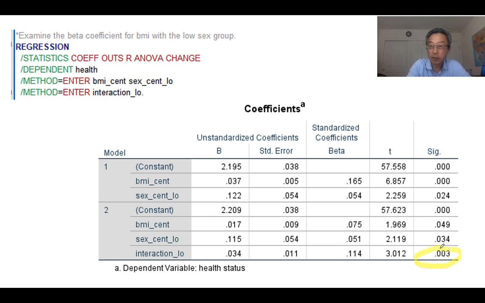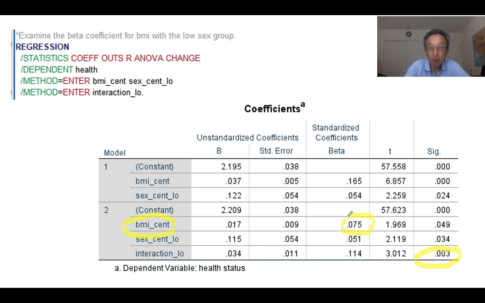It was still significant, no change there. However, we are going to focus on the effect of BMI on the criterion variable, health symptoms. What is the size of the effect? Beta coefficient, 0.075. It was still positive, but the size of that relationship is much lower.